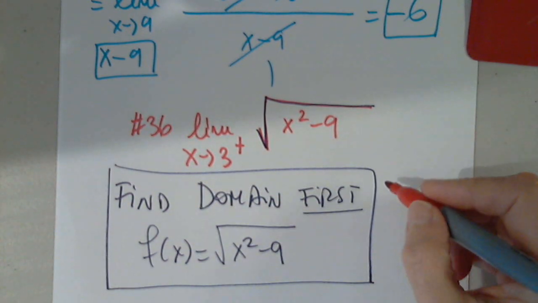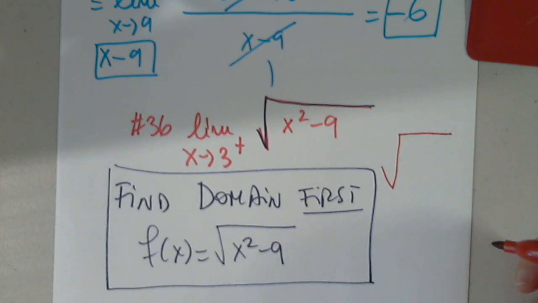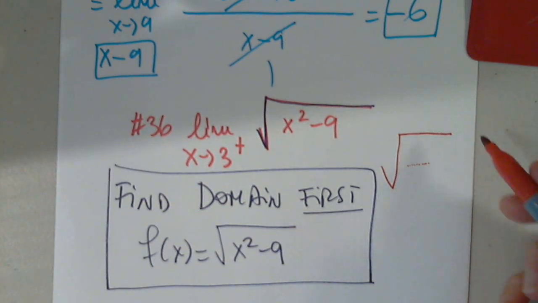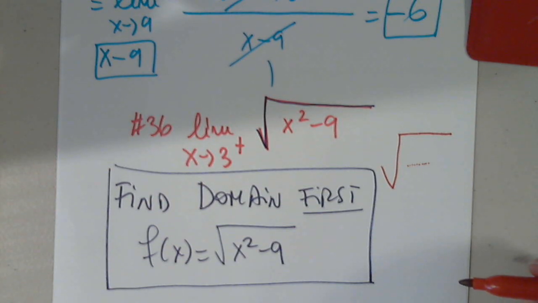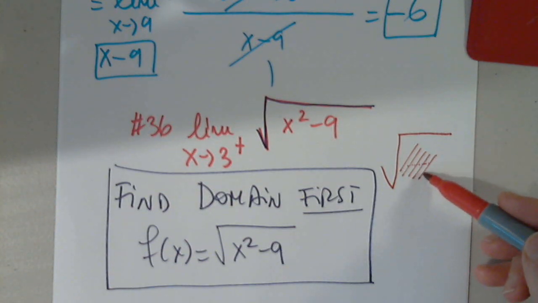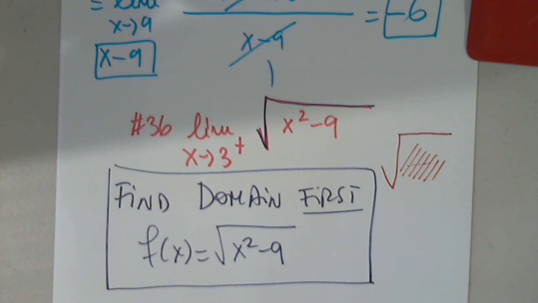What do we know about square roots? What can I have here under the square root? What type of number? Or what type of numbers? What could this be? Say it again. What type of numbers?